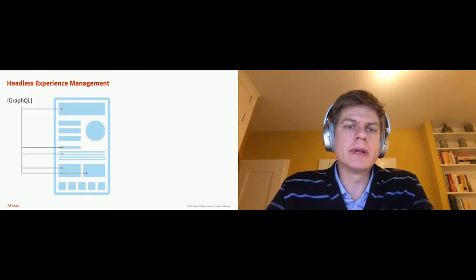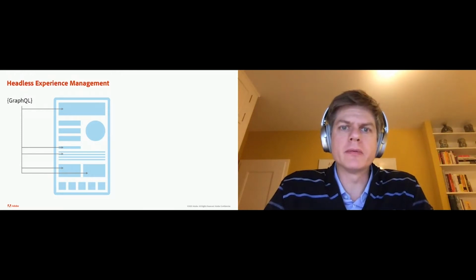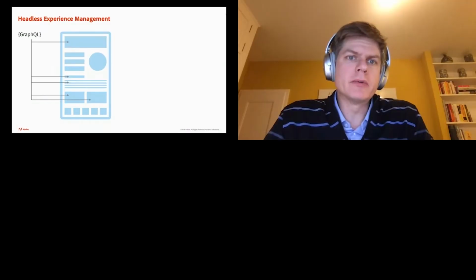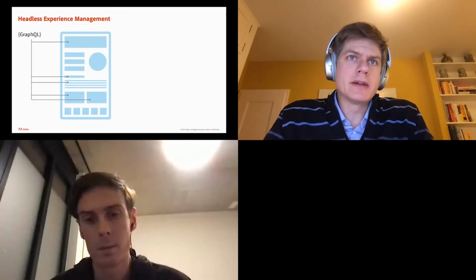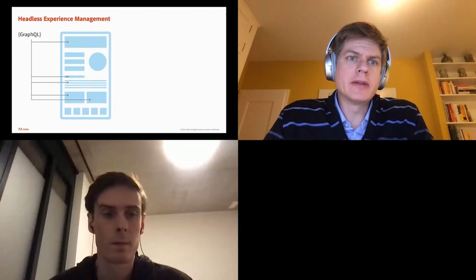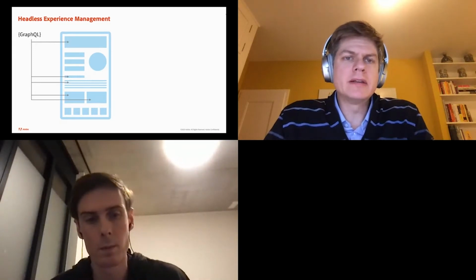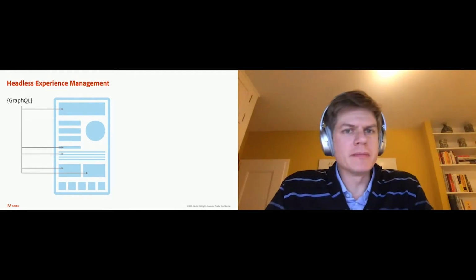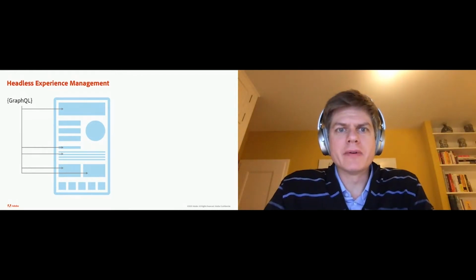GraphQL really is a great format with a really low entry barrier to consume content from AM. With that API, you can formulate your query. You can pick in the query the variables that you need in your application, and then you can consume them and display them in the UI of your application.